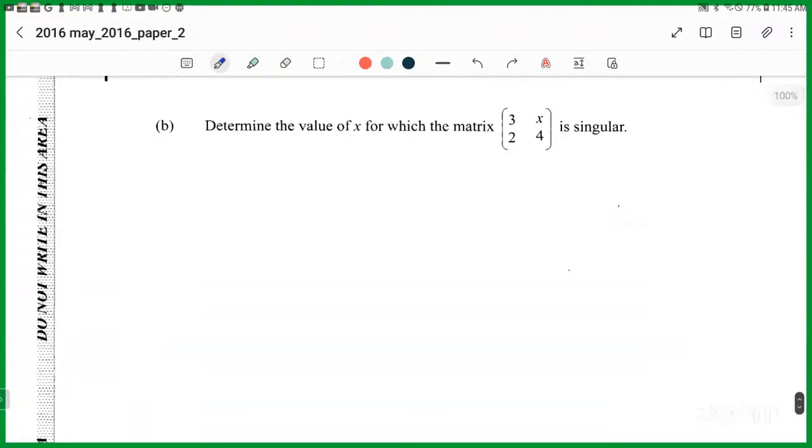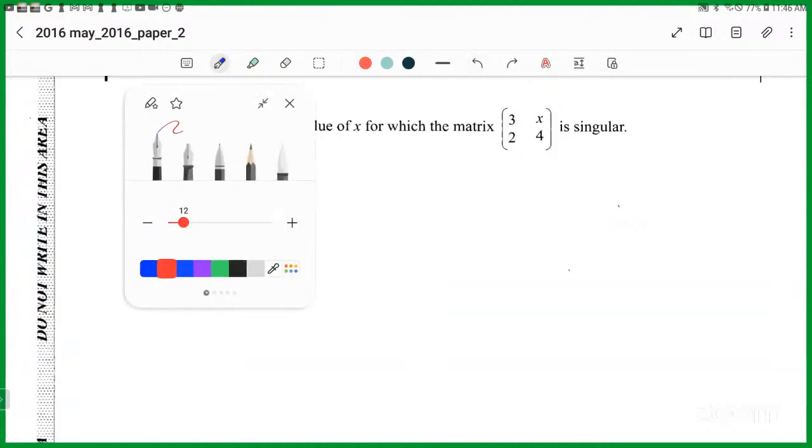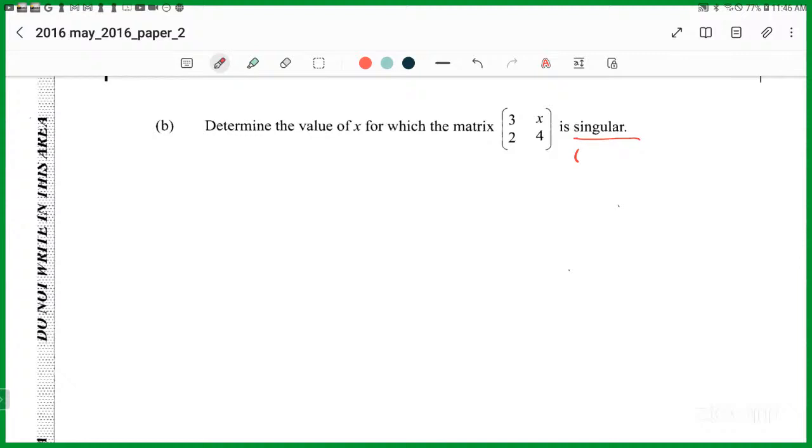It says, determine the value, only one value this time, of x, similar to one that we did in the class activity, such that it is singular. Remember, singular means it has no inverse and the determinant is equal to 0.